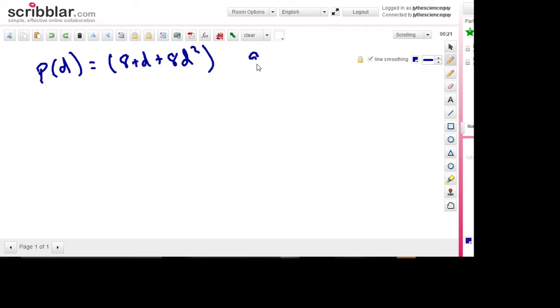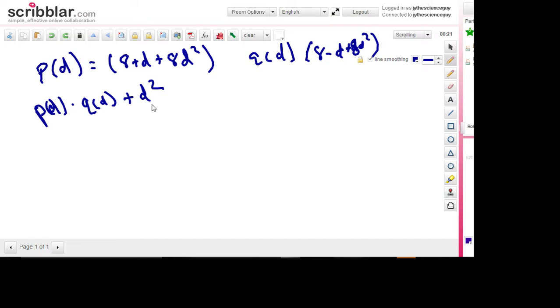Okay, and tell me what QD looks like. It's parentheses 8 minus D plus 8D squared. Close the parentheses. So they're the same thing, but the first symbol is just changed. And then they're asking us for PD times QD plus D squared.